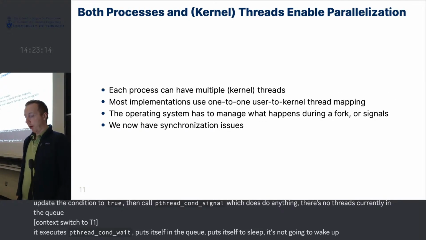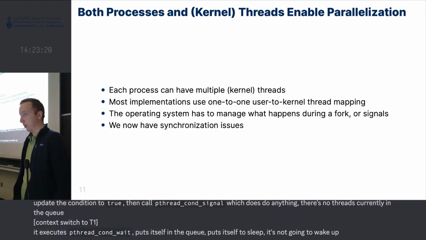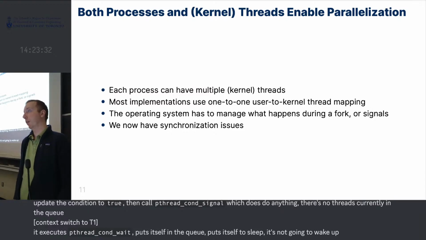So both processes and kernel threads enable some parallelization. Each process, again, can have multiple kernel threads. There are different implementations. One-to-one means one user thread maps to one kernel thread, which is what pthreads use, and that lets you have parallelism.